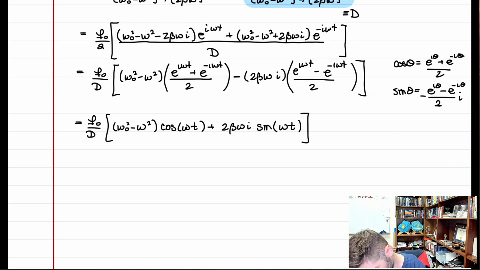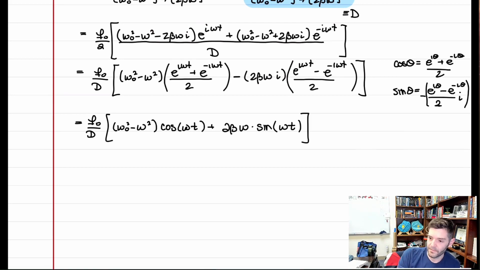So the relationships here by the Euler identities turn all those things into sines and cosines, which makes this i go away as well. So this is just still 2 beta times omega times sine. Sorry for that. Lots of math. I'm going to have to watch this one carefully to make sure I didn't make any additional mistakes.